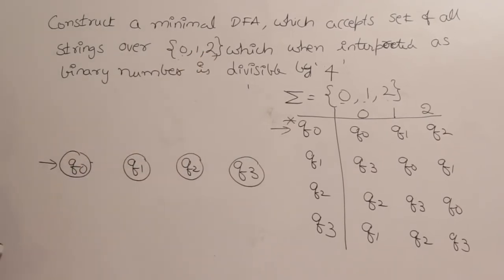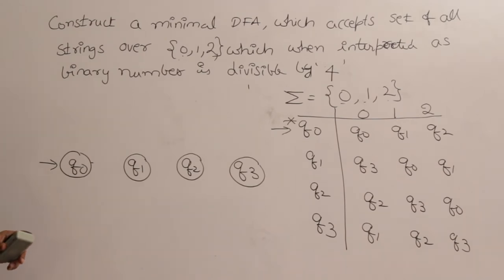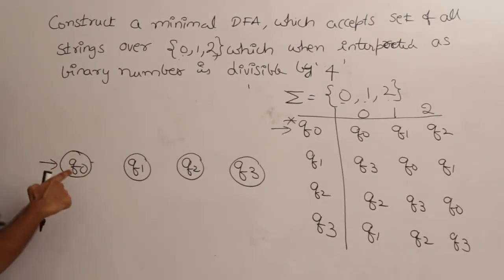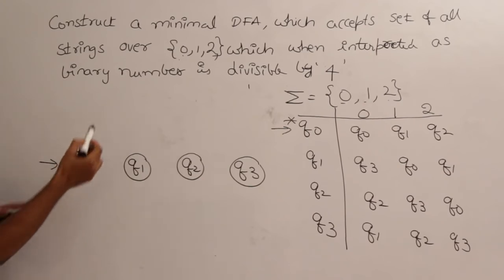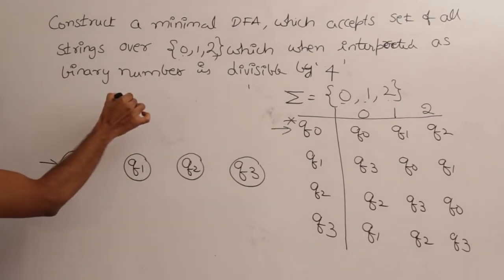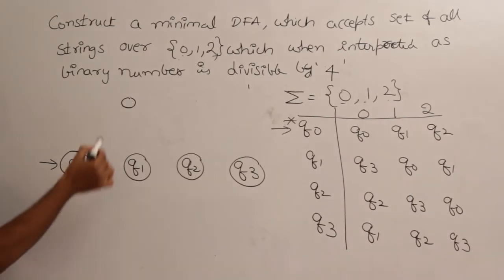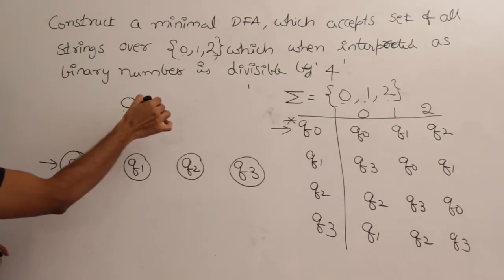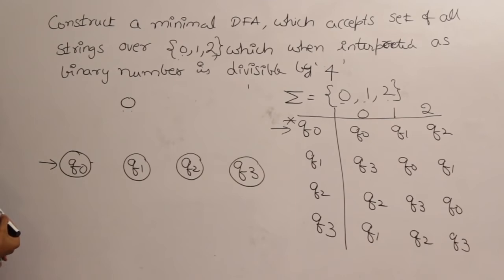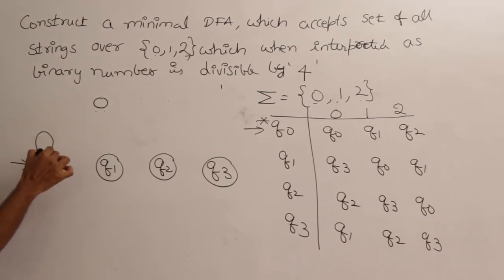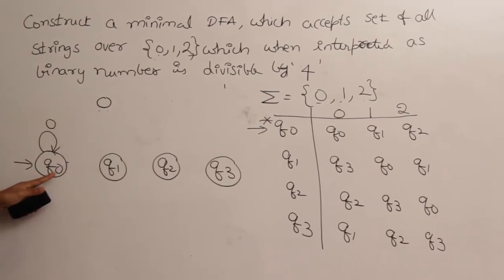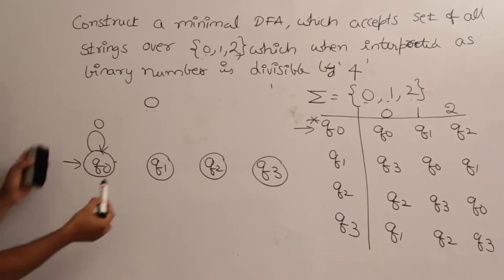The numbers are 0, 1, 2, the ternary numbers. What are the possible inputs? Inputs are 0, 1, 2. Initially I will be in Q0, and I might get 0. If I get a 0, it is simply 0, and dividing by 4 the remainder is 0. Therefore Q0 on 0 goes to Q0.